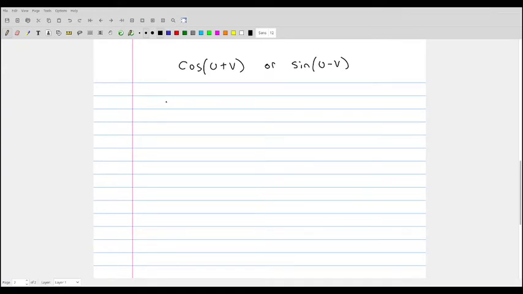So let's consider e to the i of u plus v. From Euler's equation, this is the same thing as cosine of u plus v plus i times sine of u plus v.